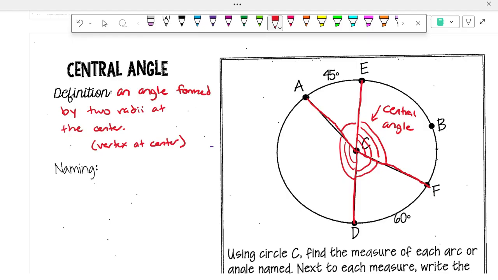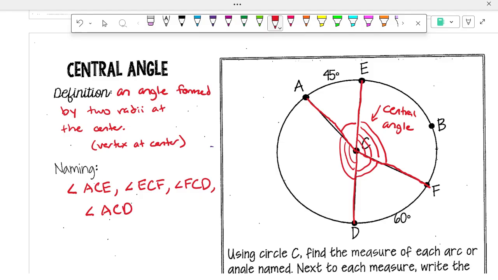Now, we name them just like we name angles in quadrilaterals or triangles. You would use the little angle symbol, and then you use 3 letters where the vertex is the middle letter. So this would be angle ACE, angle ECF, angle FCD, and angle ACD.